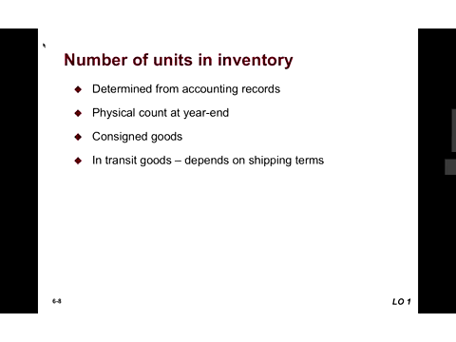Physical counts are done at every business. When you're in stores and you see Regis Inventory Service or they have white or yellow tags on everything, they're doing an inventory count. And what they're doing is they're reconciling what their accounting records do say to what actually is there. Sometimes you have theft, sometimes you have errors, and so that gets corrected, and they do a physical inventory count at least once a year.